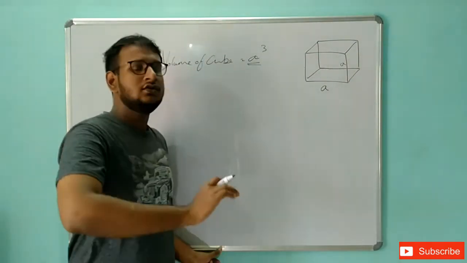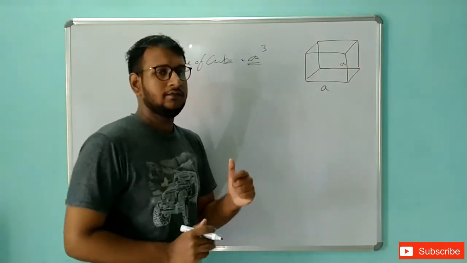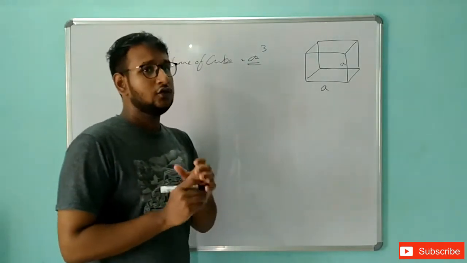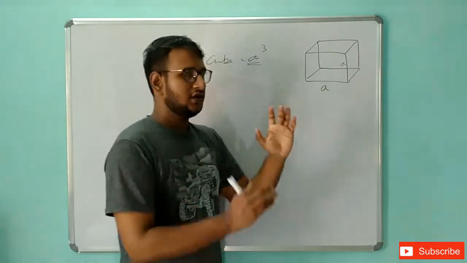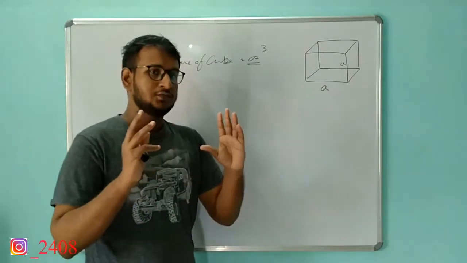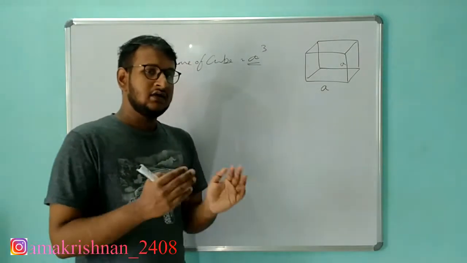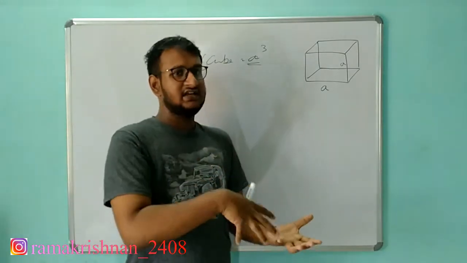So why do we want to find the volume of this cube? Because it is necessary to know the reason to find the volume. If we are having a cube shaped box or a cube shaped can, something like that, we obviously will keep something inside that, right?